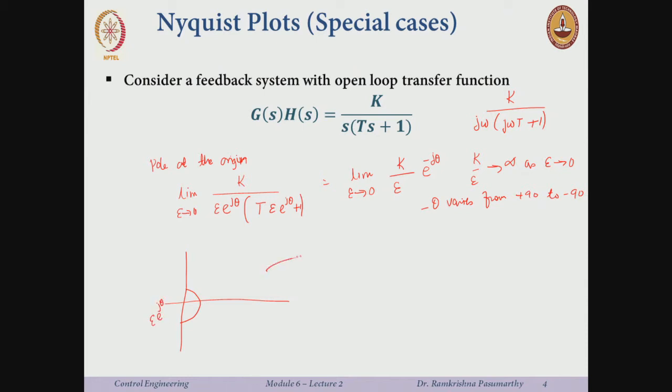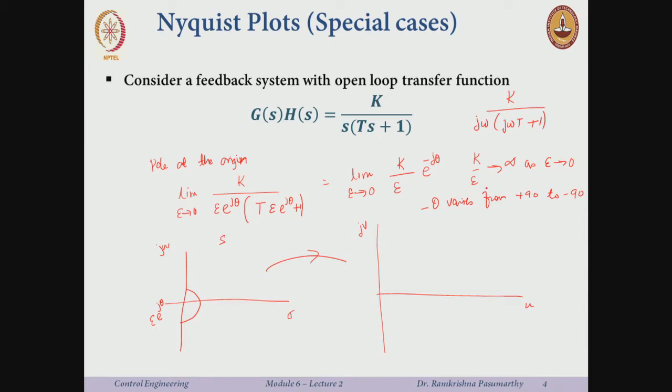So how will this map into the QS plane, with s equal to sigma plus j omega, and Q equal to u plus j v? This is how we defined it last time, right? So how does this map here?